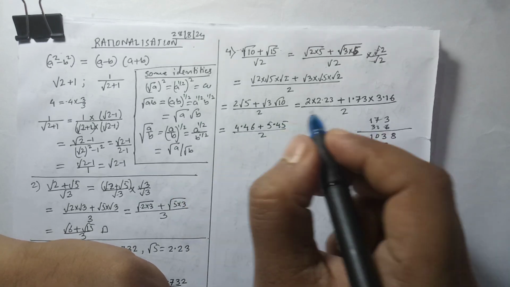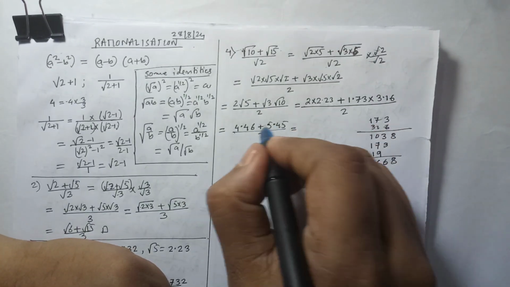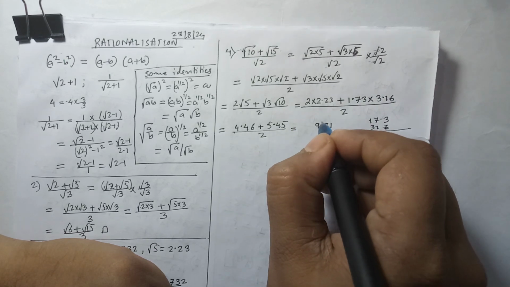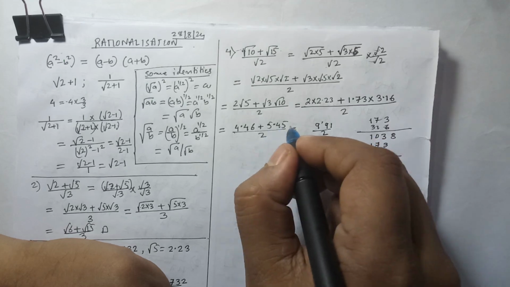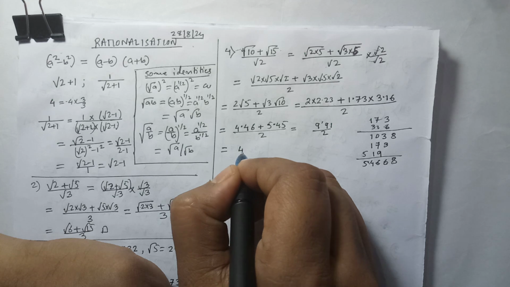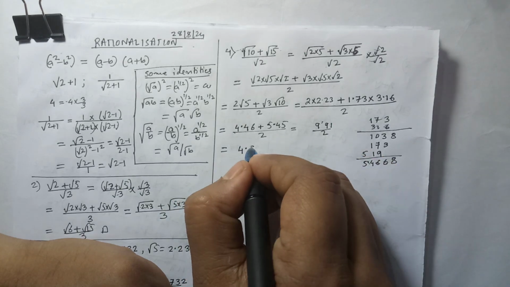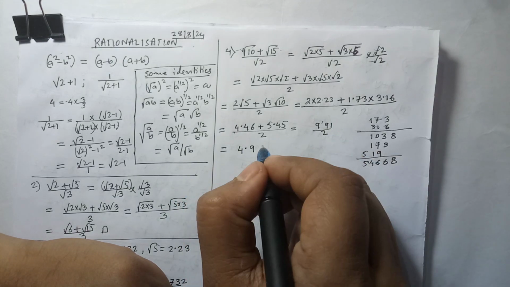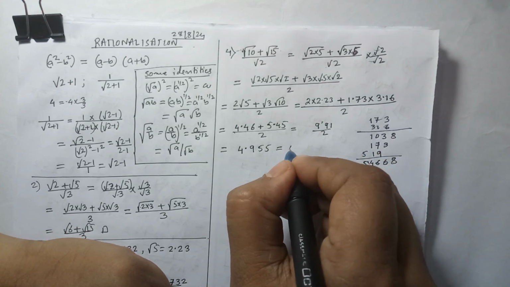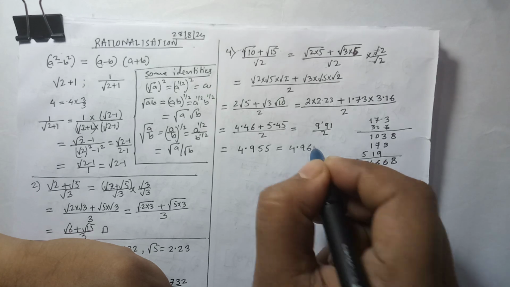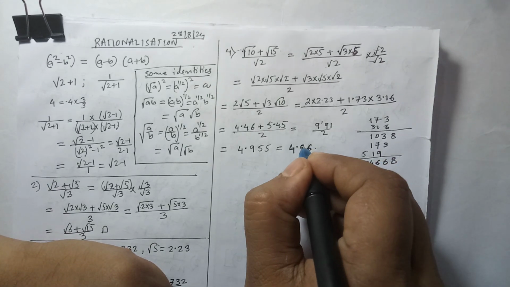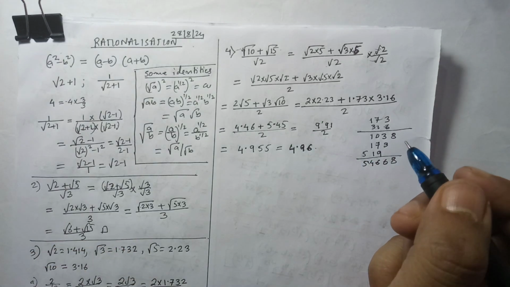So what do I have? 2 4s are 8, 2 9s are 18, 2 5s are 10, so this is 4.96. 4.96.